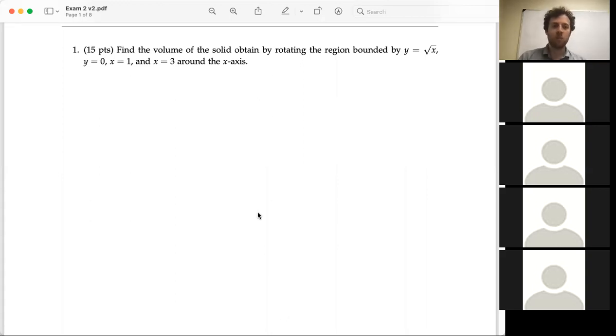So for these problems, while you might be able to do it without the graph, the graph is really, I think, key to understanding what all the pieces are and how they're fitting together.